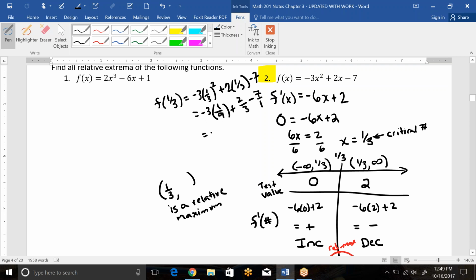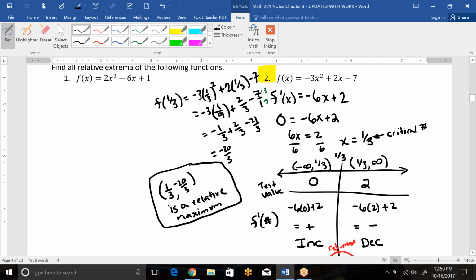Negative 3 and 9 reduce, that's negative 1/3 plus 2/3. Go ahead and get a common denominator for this last one, times it by 3/3. That would make that minus 21/3. So this is going to be positive 1, and then take away that, that's going to be negative 20/3. So that is my actual ordered pair for my relative maximum.